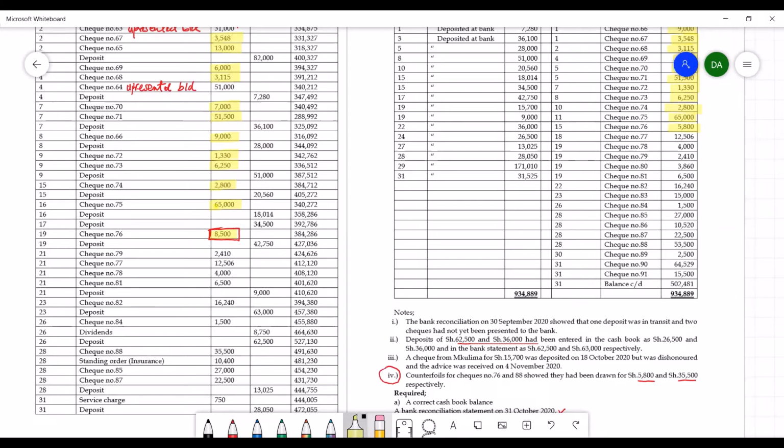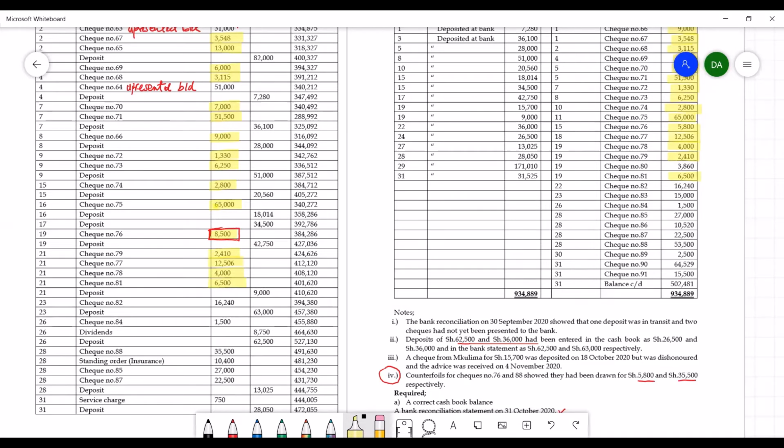Right. The next one is check number 79, and check number 79 is available in both cases, as you can see. Check number 77 is also available in both cases. Check number 78 is also available in both cases. Check number 81 is available in both cases.